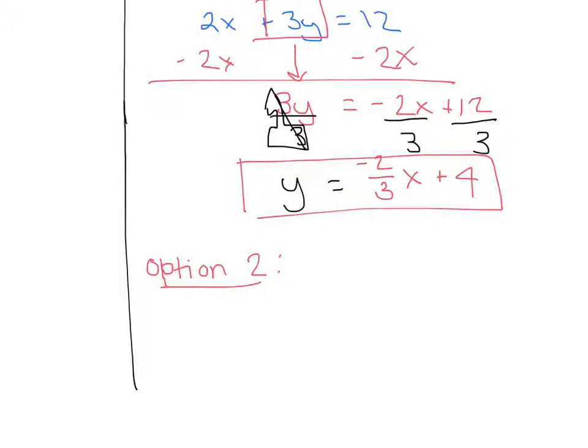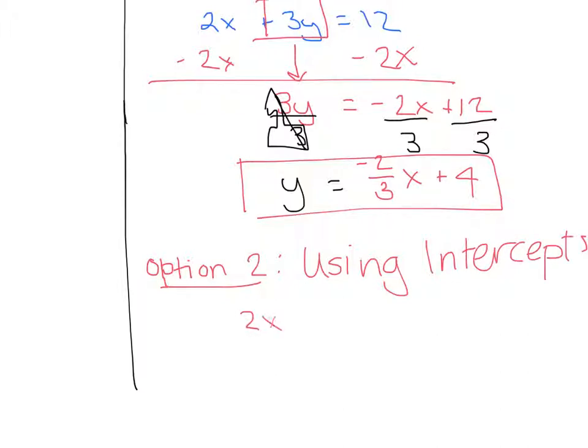So again, just so we're on the same page, I'm going to rewrite my equation that I'm given, using intercepts. Okay, so I'm going to rewrite 2x plus 3y equals 12. So I'm going to use my equation to find my intercepts, excuse me.